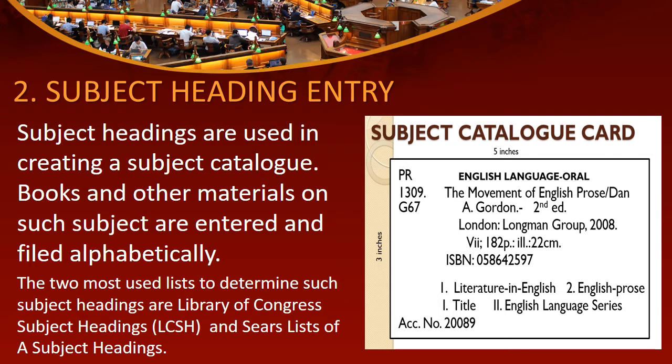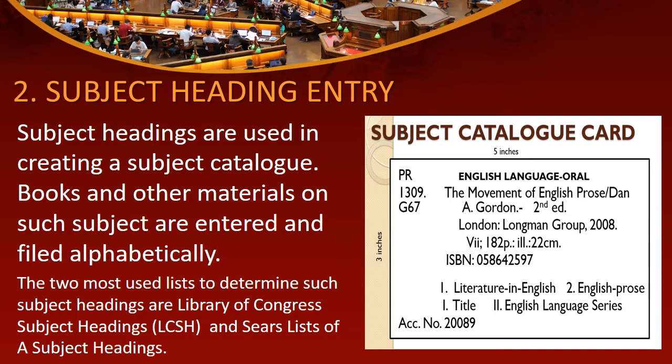Subject heading entry. Subject headings are used in creating a subject catalog. Books and other materials on such subjects are entered and filed alphabetically. The two most prominent materials used to determine subject heading are Library of Congress Subject Headings, LCSH, and Sears List of Subject Headings.